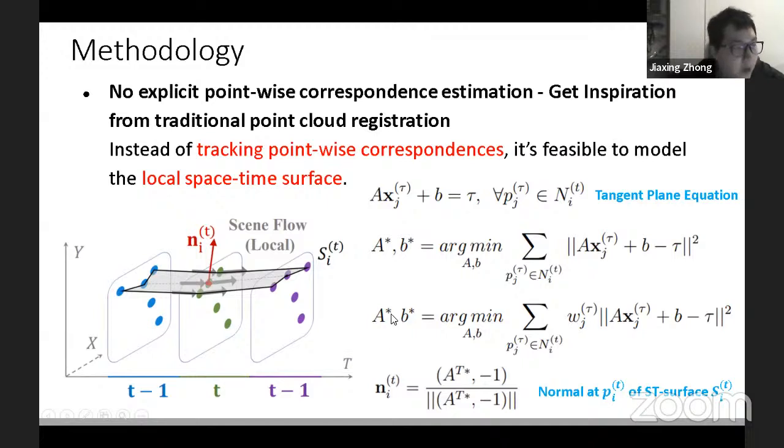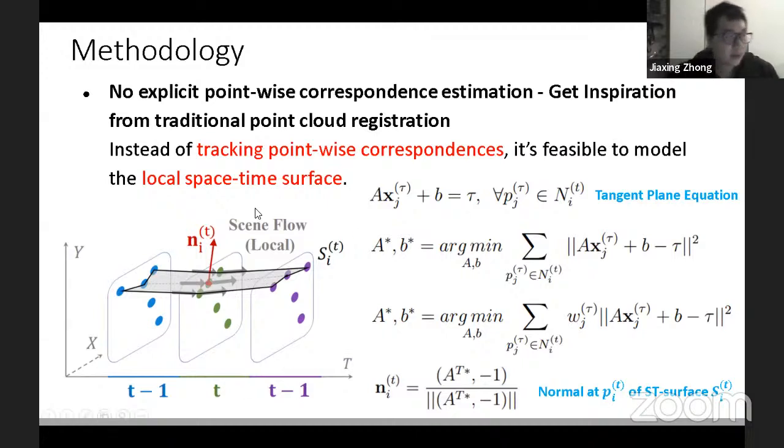After obtaining the tangent plane equation, we can get the normal of this plane, that is the red one here. We can use these vectors as features to describe the movement, the temporal information.